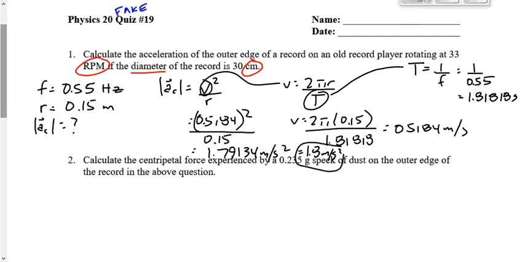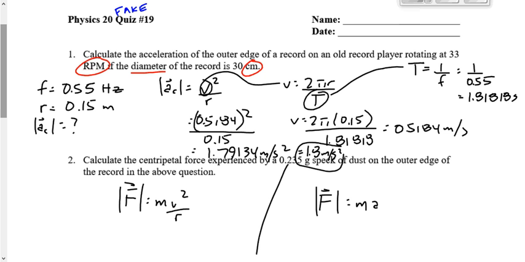Question 2 says, what's the centripetal force? There's 2 ways I can do this. There's the quick, easy way, or there's the way that takes a little bit more work. We could say F is equal to mv squared over r, right? We got m, we got v now, we got r, we can do this. Or we can just say F is equal to m times a.